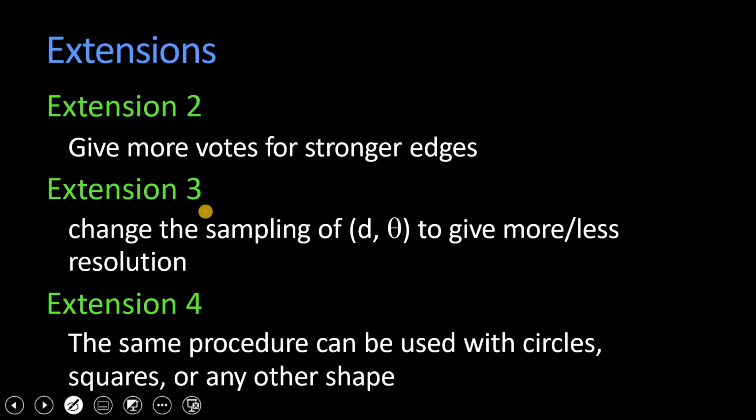One thing that can be done is that in the voting mechanism, maybe you can give more votes to the edges that are stronger. For example, if one edge pixel value is very bright, it was detected with a value of maybe 250, whereas another edge was with a value of only 55. So they shouldn't be equal.